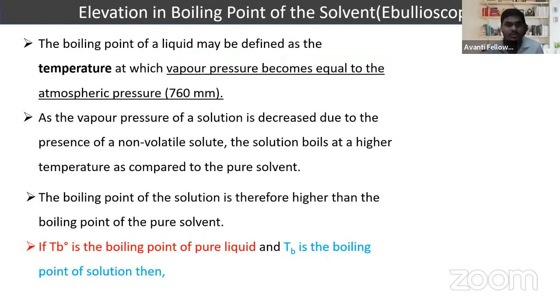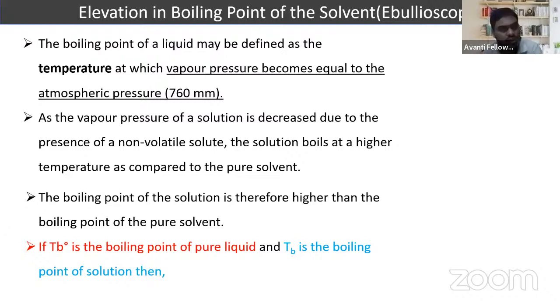So this is all about the boiling point. The boiling point of a liquid may be defined as the temperature at which vapor pressure becomes equal to the atmospheric pressure, right? I hope this is clear to you. Now, the vapor pressure of the solution decreases, as we know that when you add a non-volatile solute, I already discussed in the previous colligative property, relative lowering of vapor pressure.